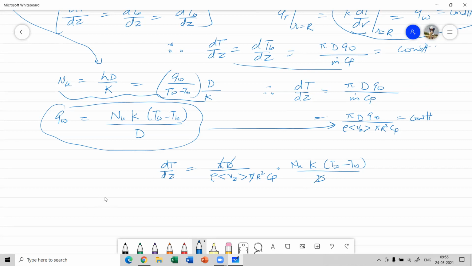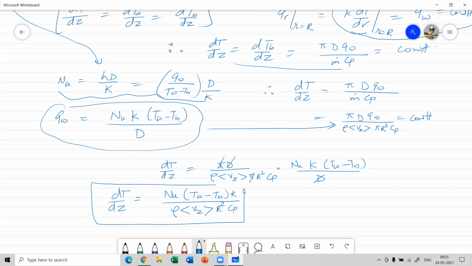So we have the expression of temperature gradient in terms of your Nusselt number, into k over rho average velocity into r square into Cp.